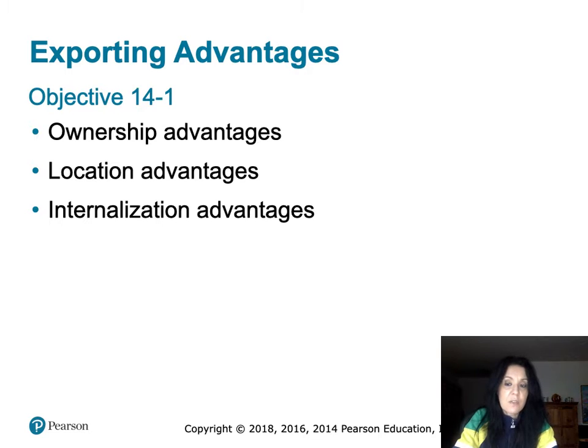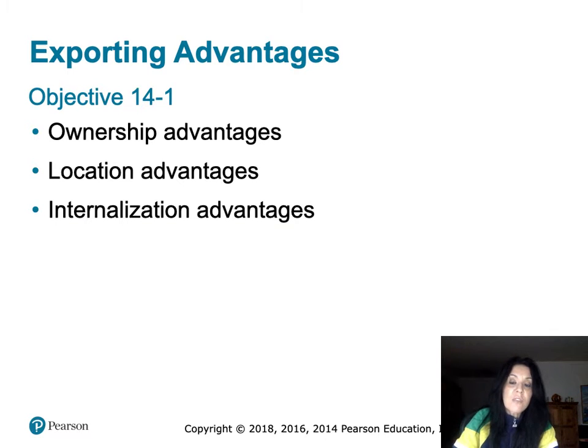exporting companies. So this liability of foreignness, I'm emphasizing here, liability of foreignness, basically indicates or argues that foreign companies, by virtue of their spotty familiarity, incur additional economic and social cost of doing business overseas.